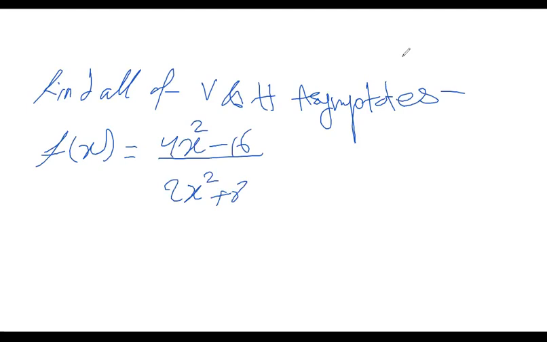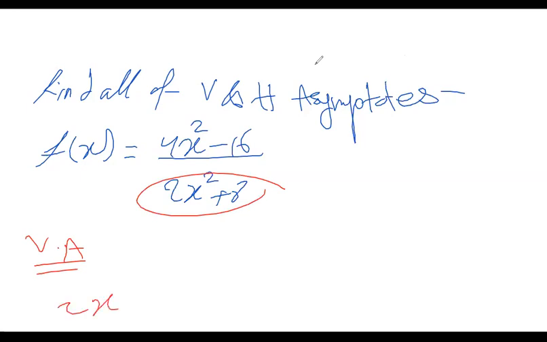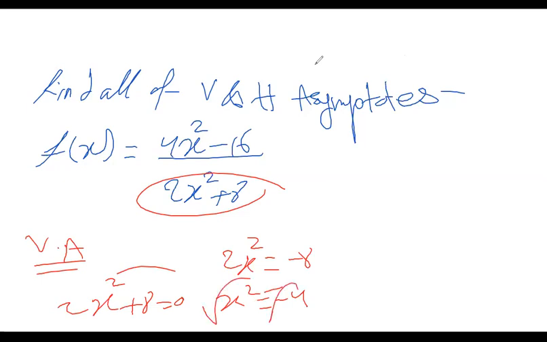Let's start with the vertical asymptote. We solve the denominator if possible. So 2x squared plus 8 is equal to 0. Directly we have 2x squared equal to minus 8, so x squared is equal to minus 4, which is not possible or undefined. Since it is undefined, we have no vertical asymptote, so we say none.